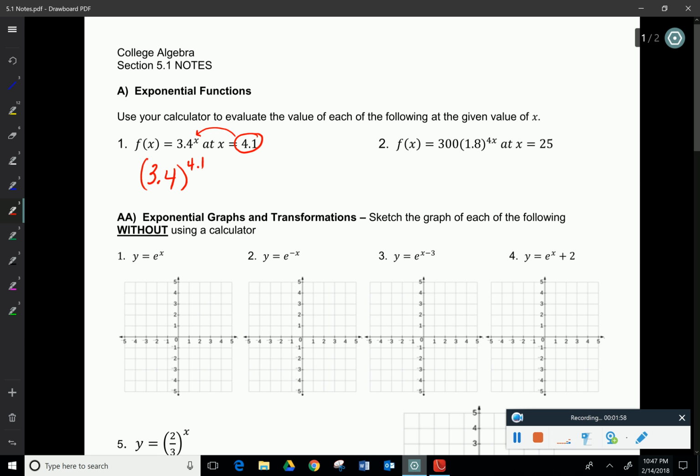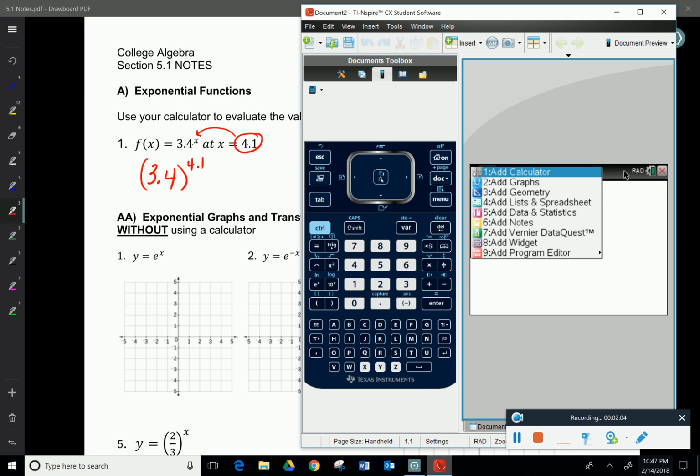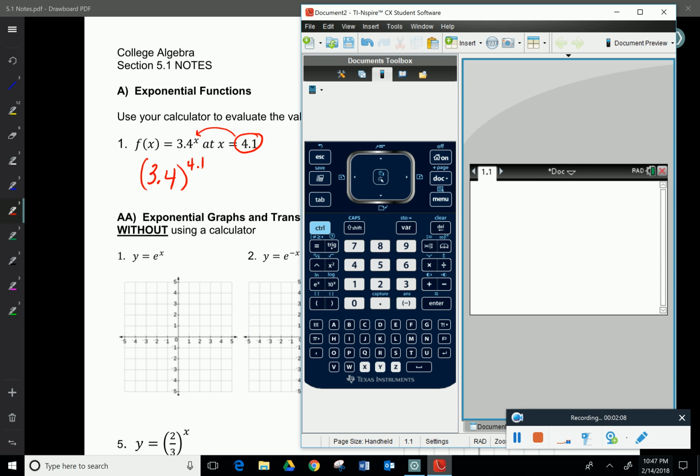Now, on your calculator, it's fine to put the parentheses, but you don't have to, as long as you know how to set up an exponent. So on my calculator, I could just simply type in 3.4, and then, for the exponent, you can just press the little caret right there, and we want to raise this to the 4.1. Enter.